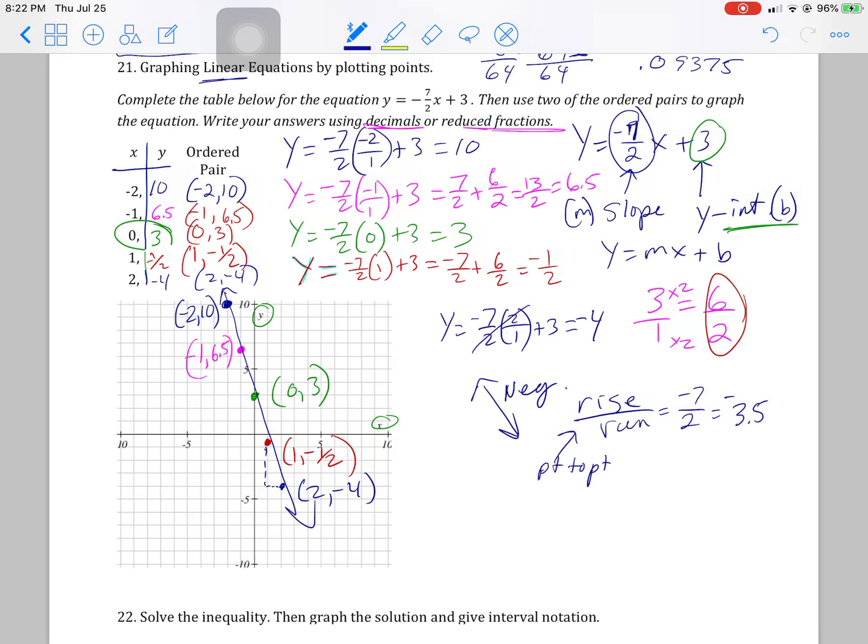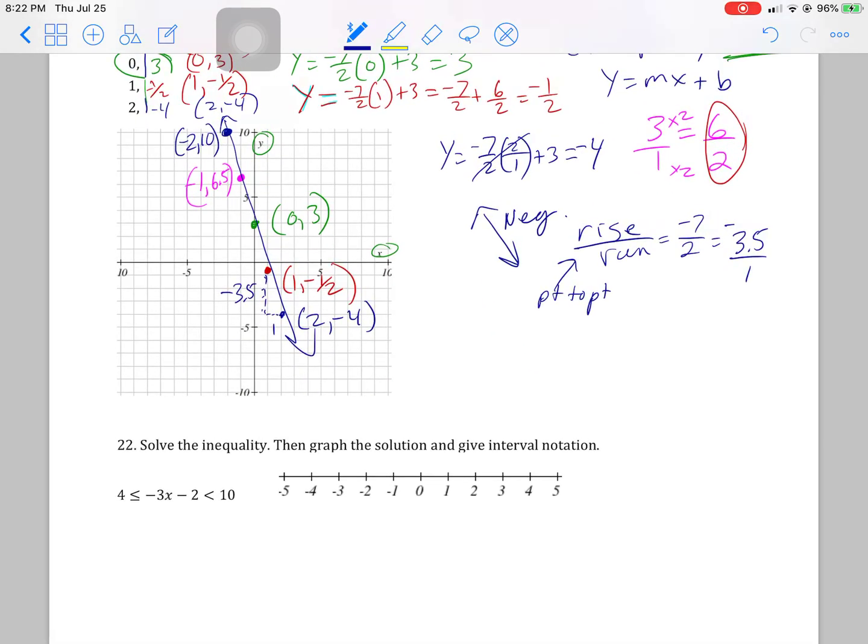So this is going down, negative 3.5, and it goes over 1, right? So the rise is, you can actually rise up on one side and go back, or you can go down 3.5 and over 1. So that's the slope from point to point. Okay, just a little reminder there on that one.